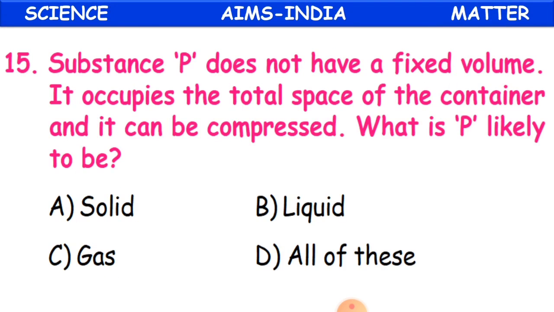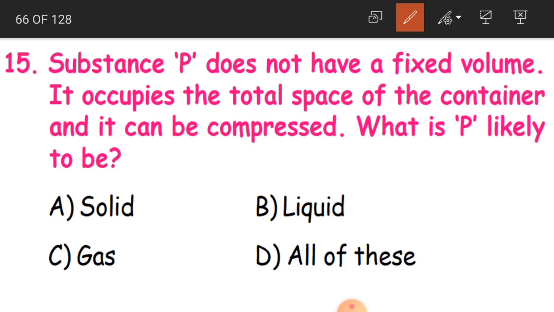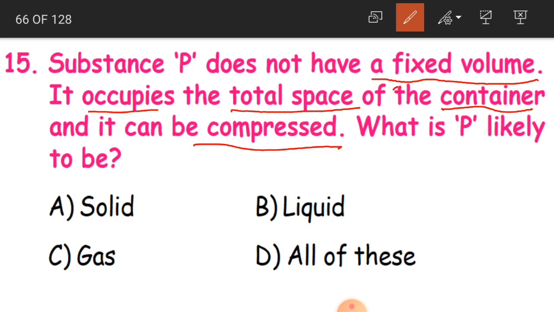Now, 15th question, children. Substance P does not have a fixed volume. It occupies the total space of the container and it can be compressed. So what is P likely to be?